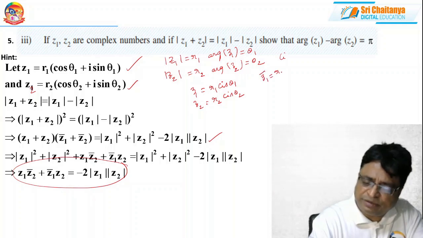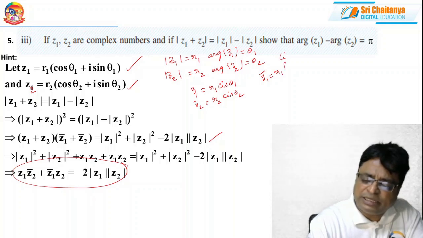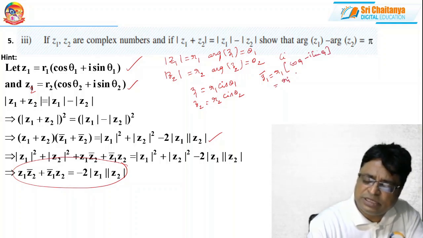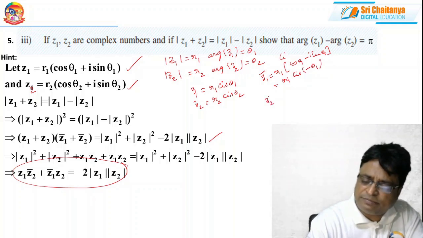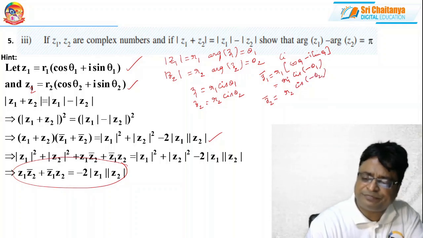R1 bar, that is nothing but R1, and that I can write as cos theta 1 minus i sin theta 1. This I can write as R1 cis minus theta 1. This is important. Similarly, z2 bar, I can write as R2 cis minus theta 2.